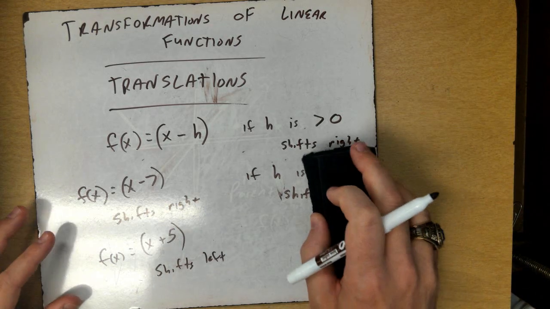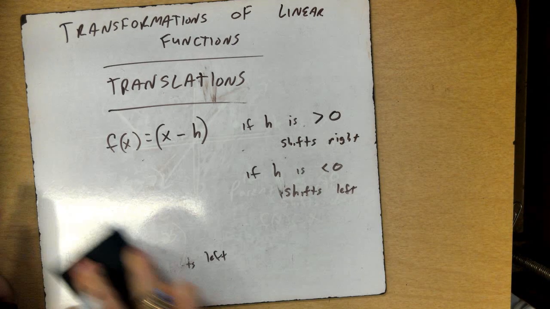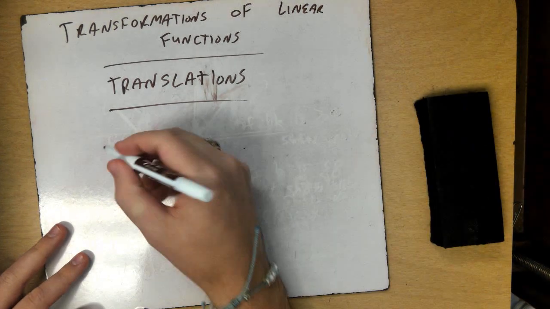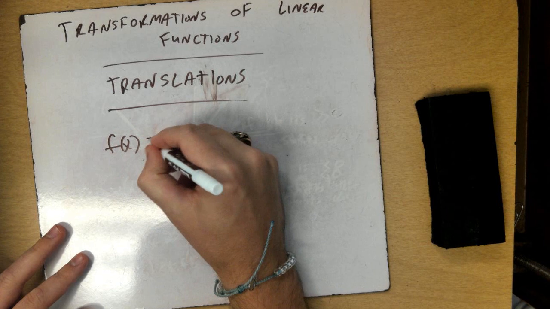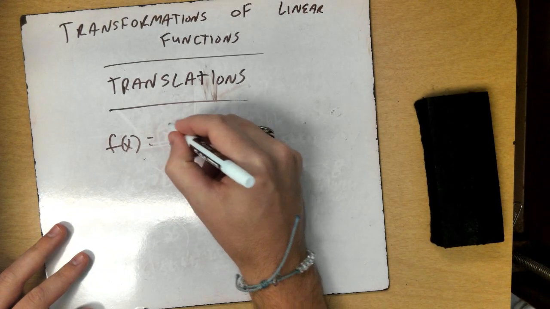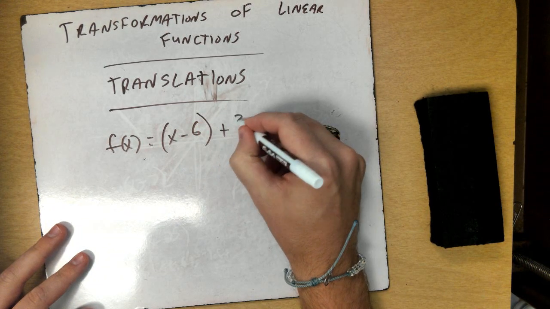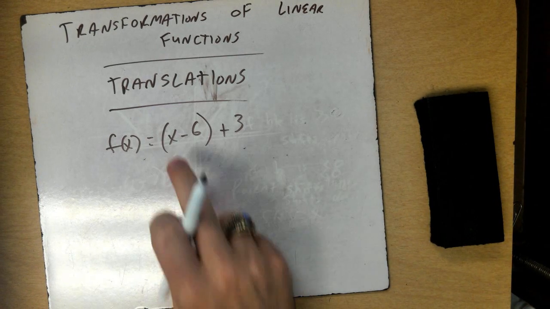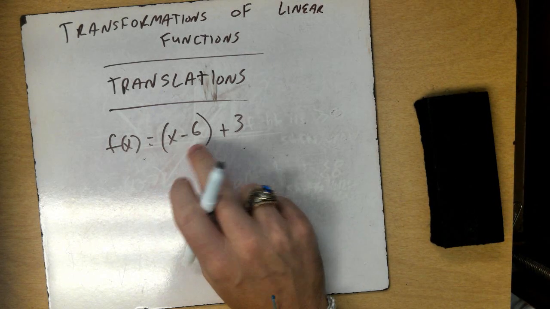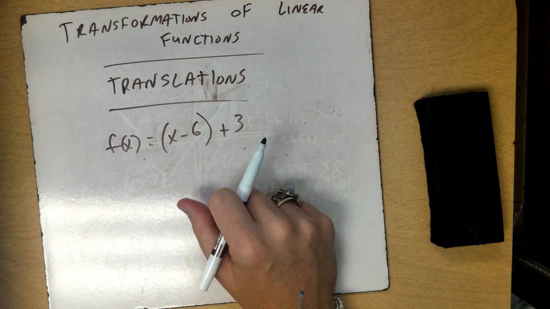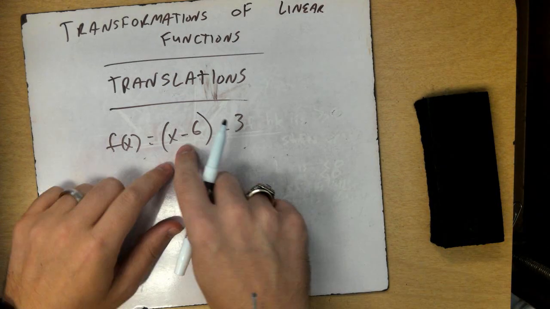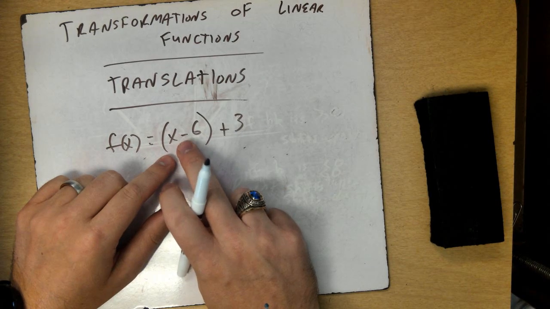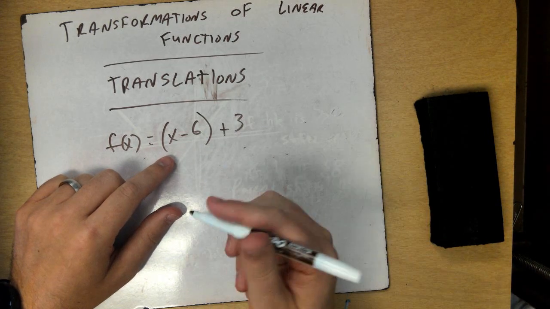So now, what if we combine them together, right? What if we have this? If we have f of x equals x minus 6 and then plus 3. So we have two different things, right, going on. We have our x minus 6 in parentheses, and then we have our plus 3 here, right? So if we have this, our parentheses say it's x minus 6, which means it's a minus in the middle, which means we're going right.